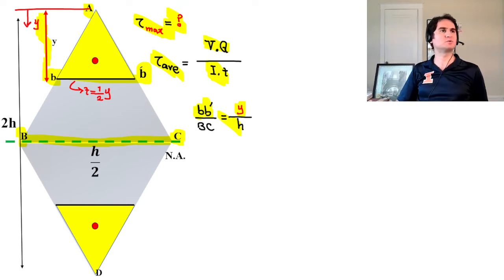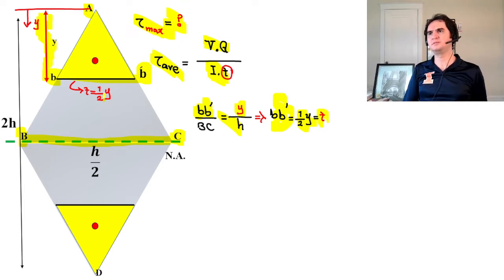That's h for the top section and h for the bottom section. So that gives us BB prime is equal to a half of y, and that's all T in the formula.